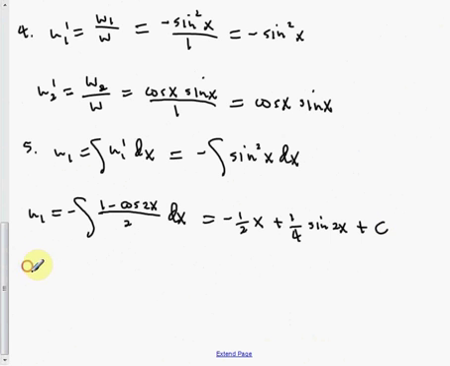Okay. So this is negative 1/2 x plus 1/4. I'm going to need to rewrite that sine 2x so that when I write the solution, it simplifies well.